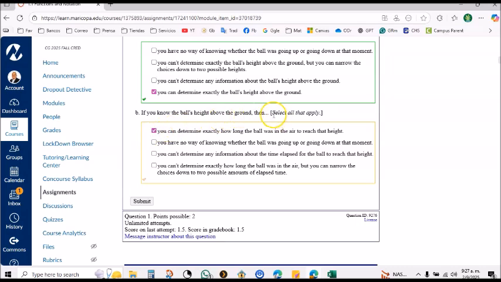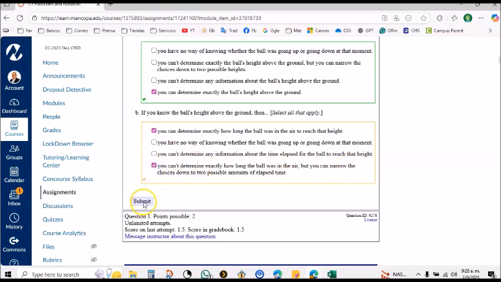And here, select all that apply, maybe more than one. You have no way of knowing whether the ball was going up or down. You can determine any information about that one, or you can determine exactly how long the ball was in the air, but you can narrow the choices.